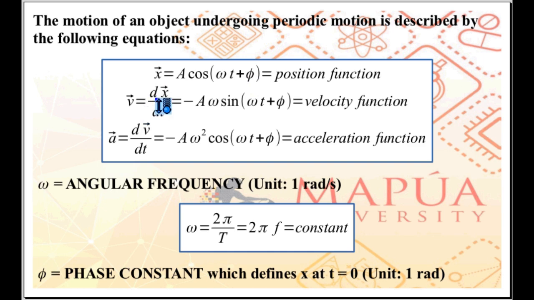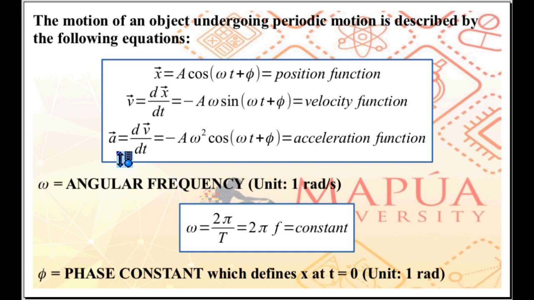So v is just dx over dt. Differentiating the equation of x with respect to time, we get negative A omega sine of omega t plus phi.